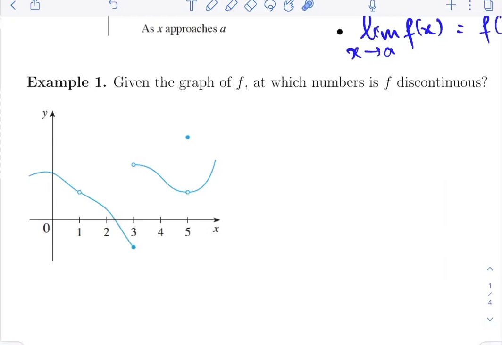And the function is discontinuous at x equal to 5 because even though the limit exists, even though f of 5 is defined, the value of the limit and the value of f of 5 are not equal to one another. So therefore, the function is not continuous at this point.